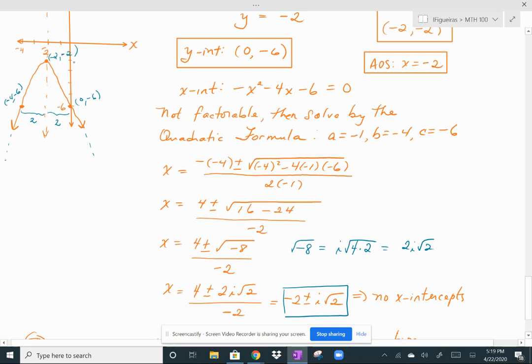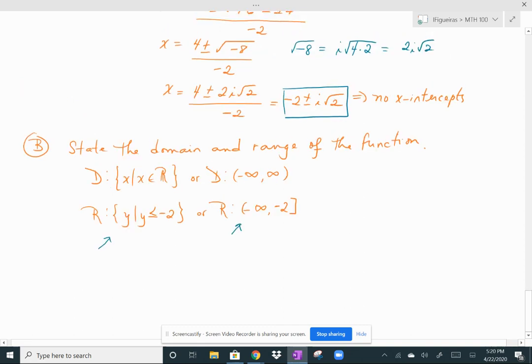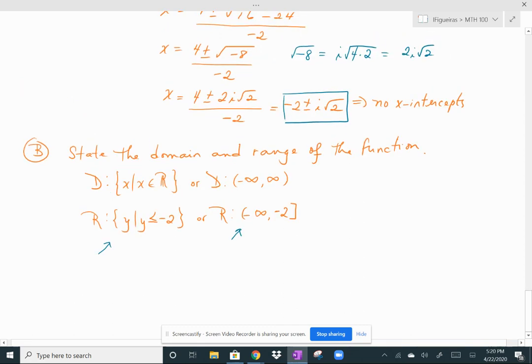When you're determining the range, you're reading the y value, the second one. And so my range is the set of all y such that y is less than or equal to -2, or the interval from negative infinity all the way to -2, and you put a closed bracket around -2 because -2 is an actual point on the graph.